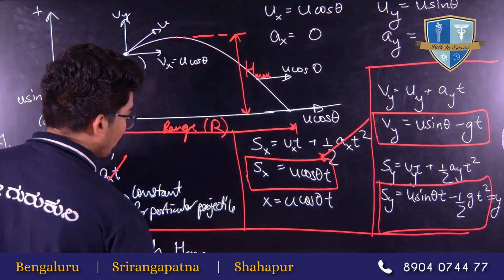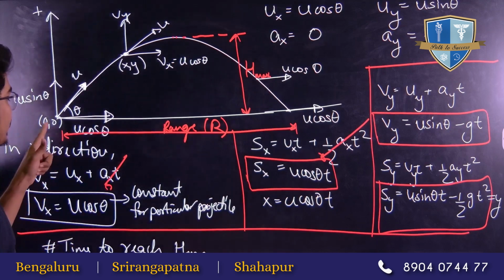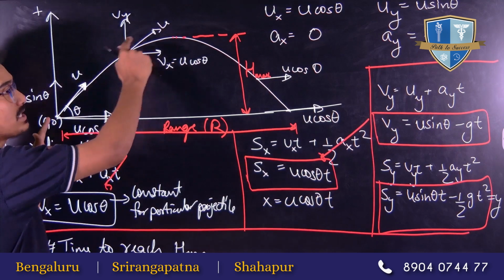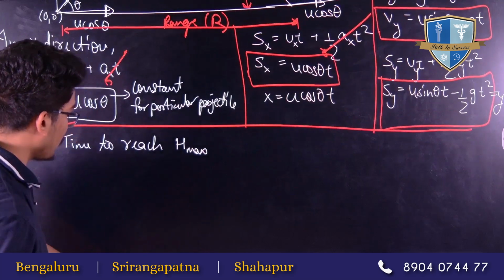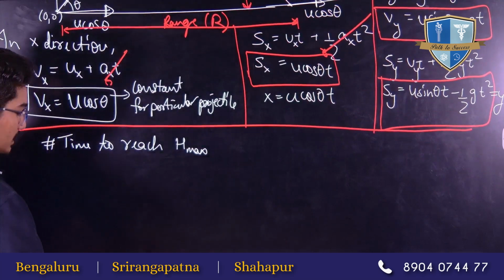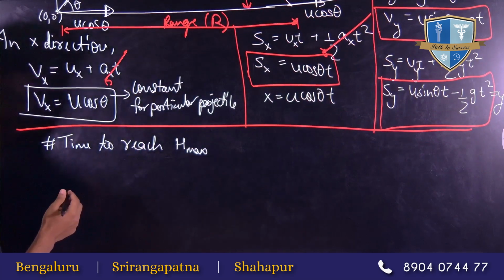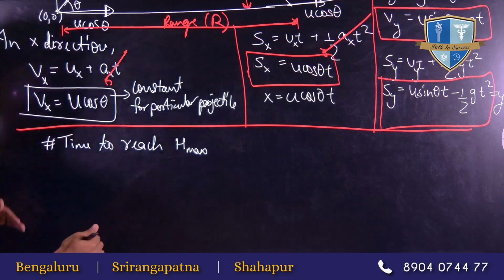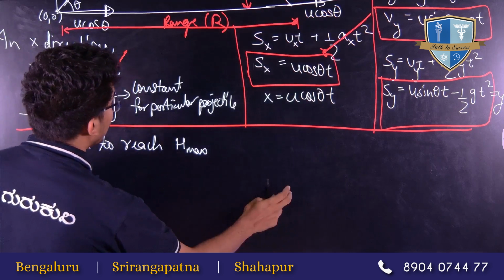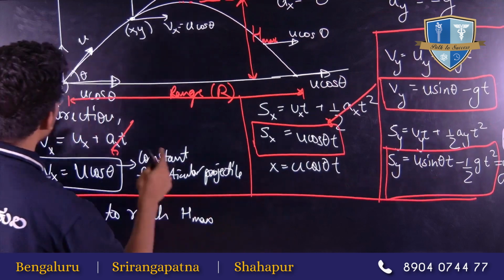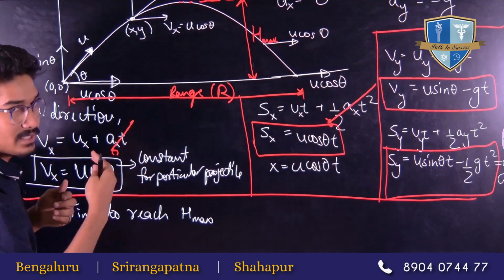So how much time will a projectile take from the initial position to reach the maximum height? Let's calculate that time. If it is reaching H max, the velocity in y direction will become 0. The x direction velocity is not changing.